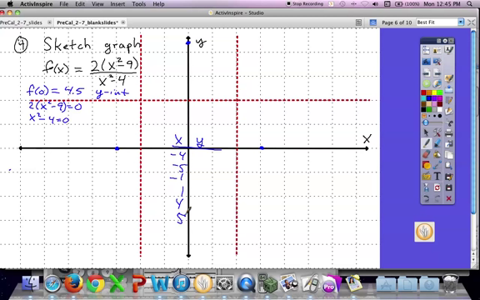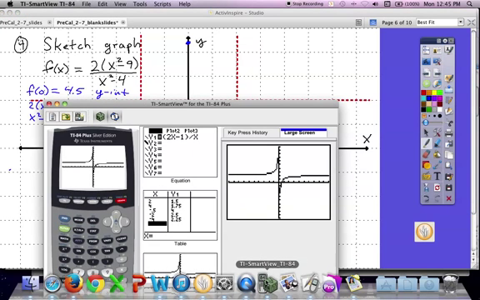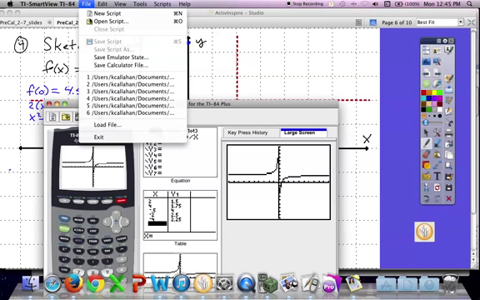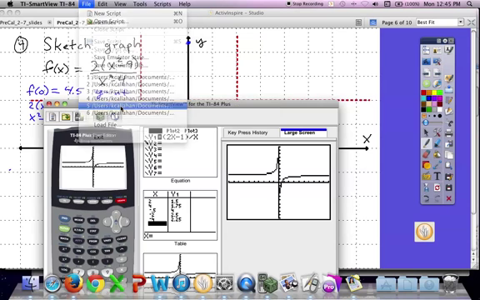Okay, now, that's example 4, right? I think it's down here. That is example 4.